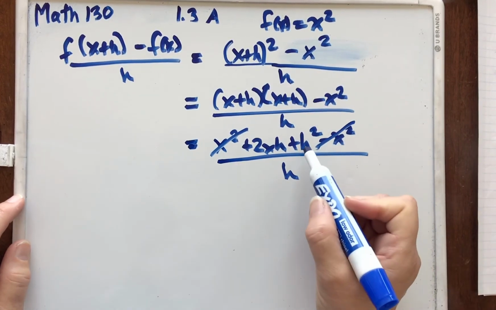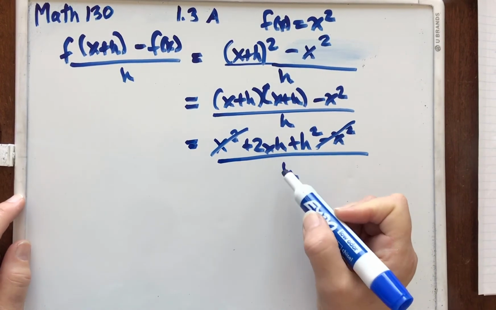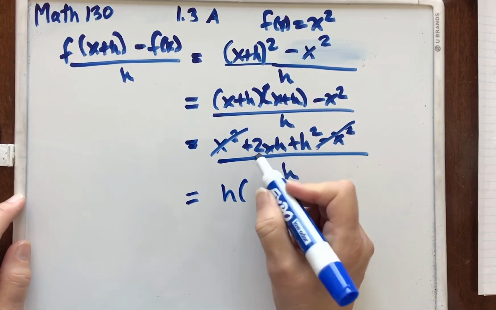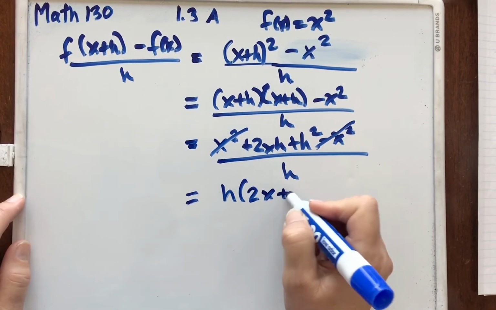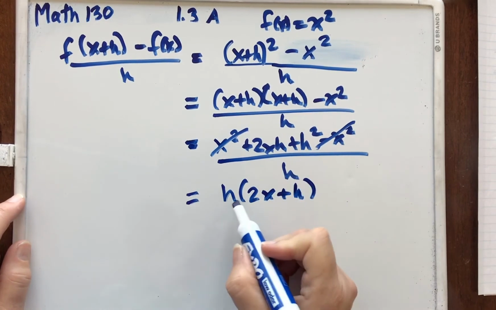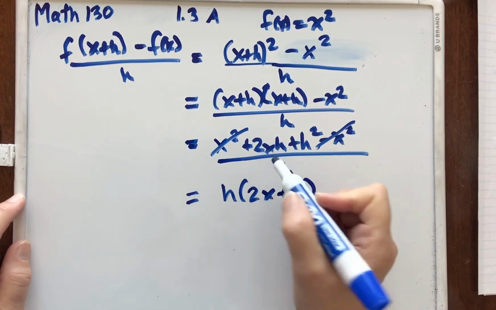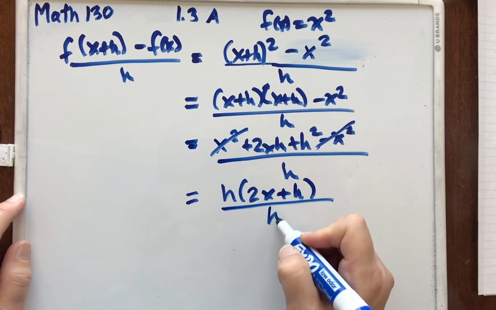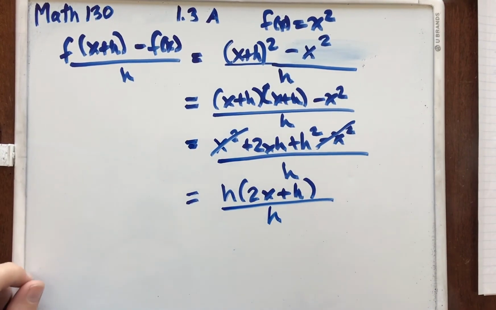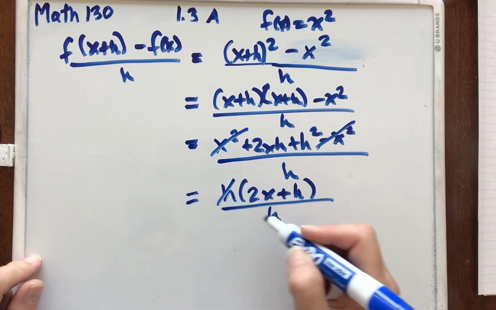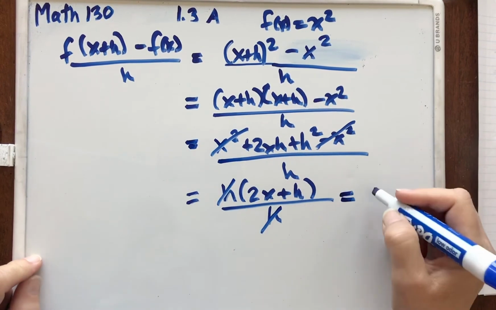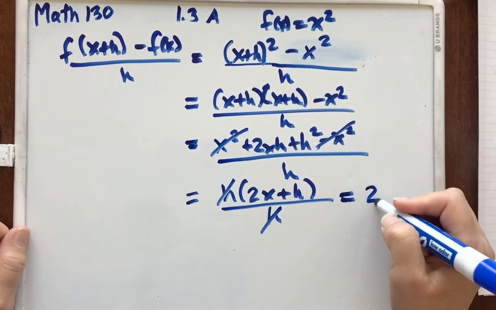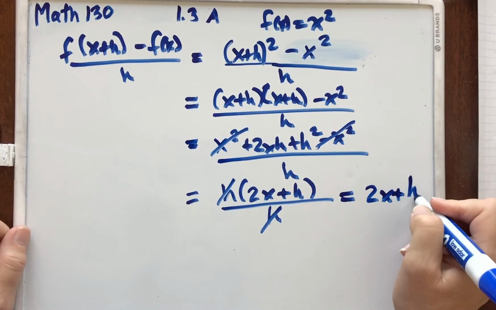That's right, we see this h and this h and this h, so I'm going to factor out an h right here, 2x plus h. Notice h times 2x is 2xh, and h times h is h squared, all over h. And the reason I did that is so we could cancel. It makes it easier. So what we have is all of this just equals 2x plus h.